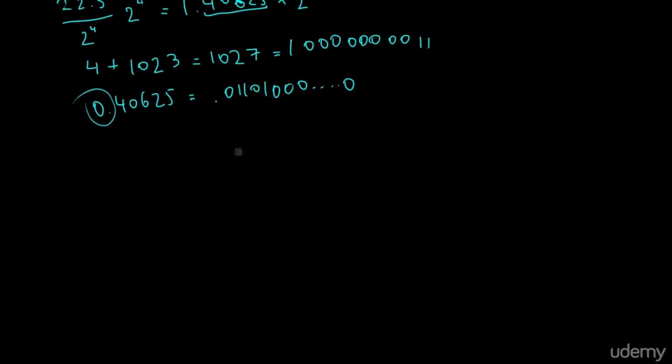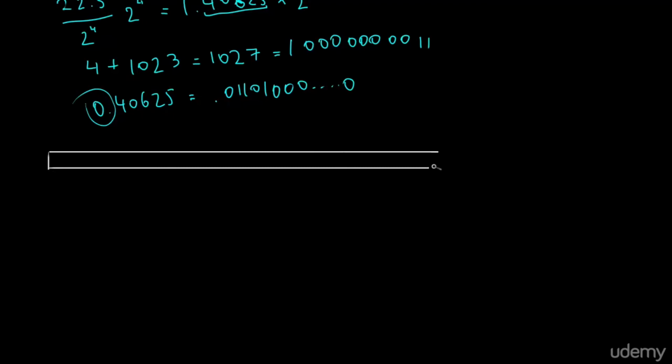Okay, so we can now draw the layout of the overall storage of this whole thing. Let's draw it like this. The sign bit is 0 because our number is positive. And then here comes the exponent, from here to here.